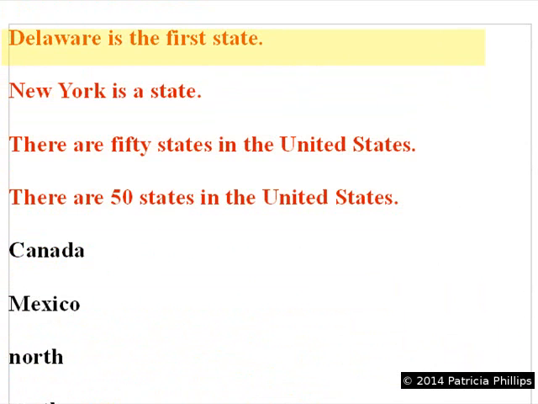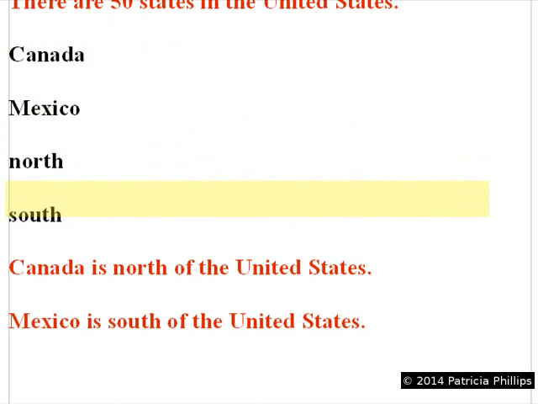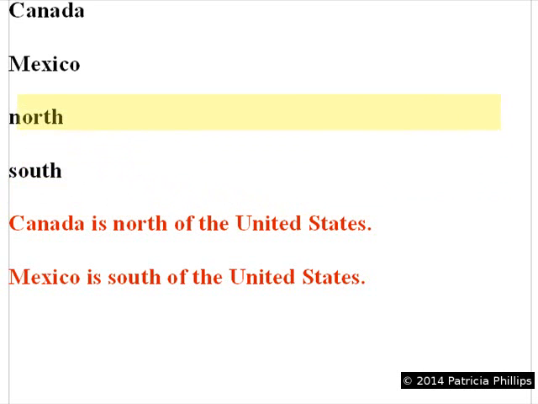Delaware is the first state. New York is a state. There are 50 states in the United States. Great job. Let's look at some new words. You ready? Okay.